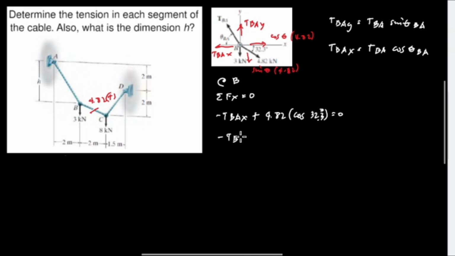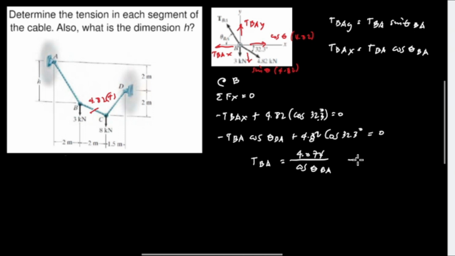Negative TBA cosine theta BA plus 4.82 cosine 32.3 degrees equals 0. Or this will be TBA is equal to 4.074 divided by cosine theta BA, and this will be equation 1.